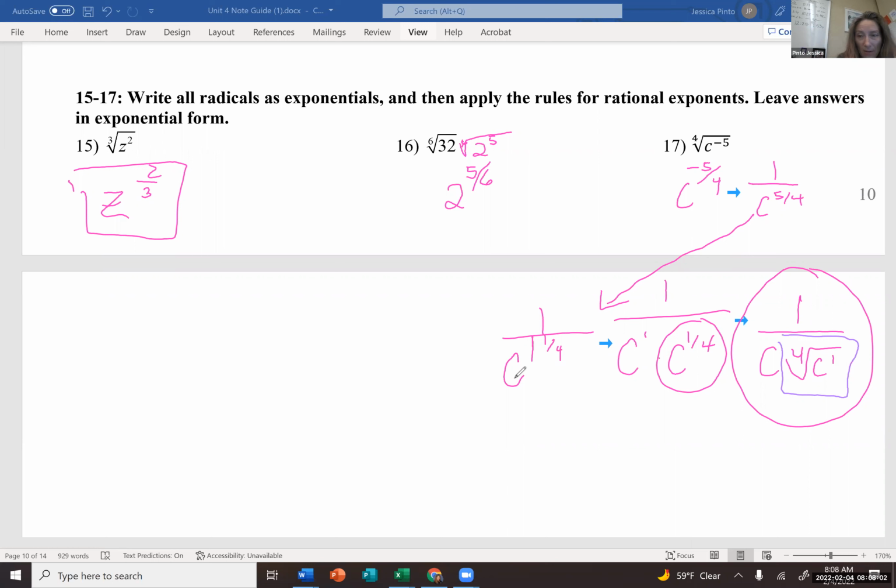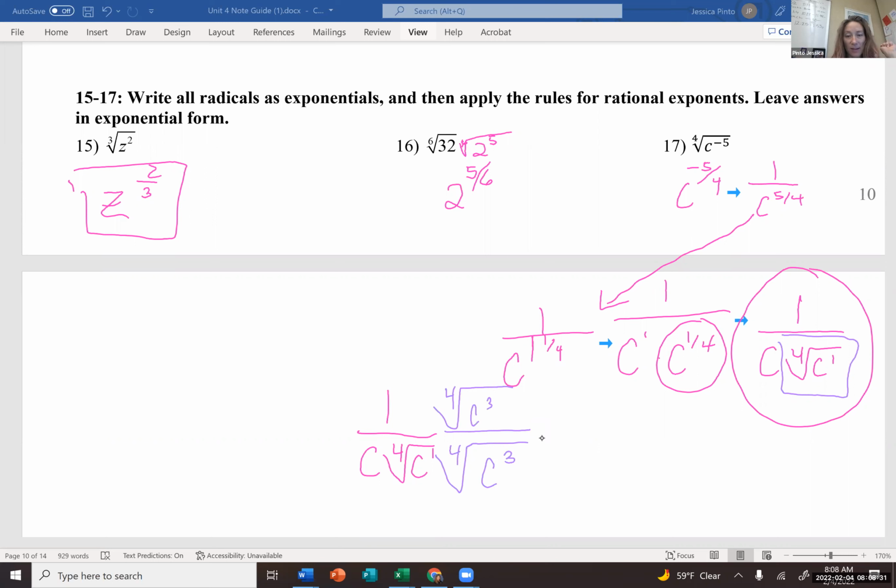So I've got 1 over c, and then I have the 4th root of c to the first power. I am going to choose to multiply this by a 4th root so that they can be combined. And I need 4 as the total exponent. I have 1, so I'm missing 3. So I need c to the 3rd power.